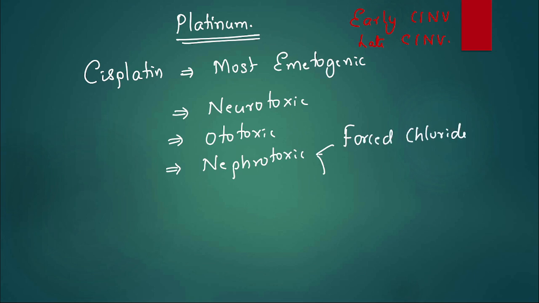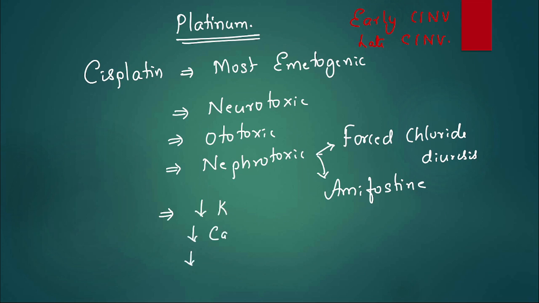So before giving cisplatin, we can induce diuresis with sodium chloride, and then we have a cytoprotective drug called amifostine. The other adverse effect is that it decreases all the ions, potassium, calcium, magnesium. So when you are using this, you have to monitor the levels of these ions.